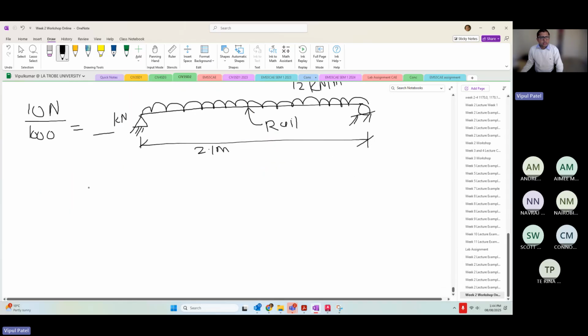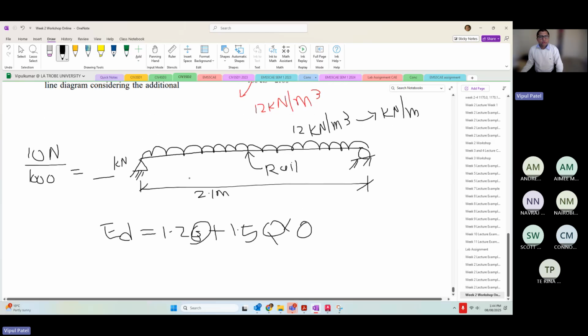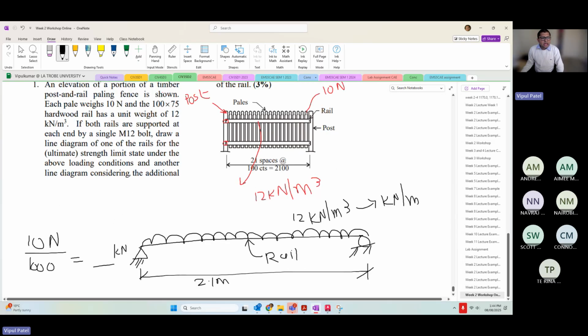So that is your dead load, and then ultimate load Ed is equal to 1.2 G plus 1.5 Q, where G is your dead load, whatever you calculate. Q will be 0 at this stage, so your ultimate load is only dead load. And then there is an additional load.